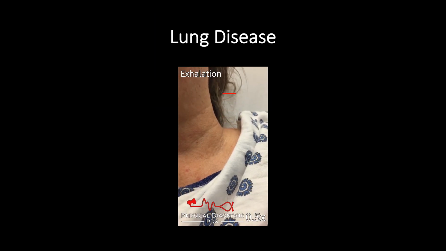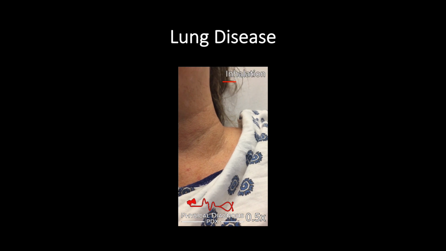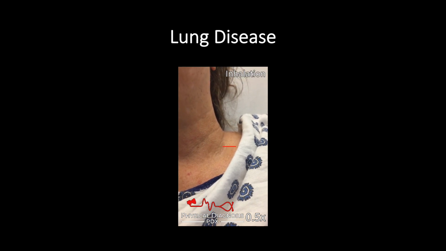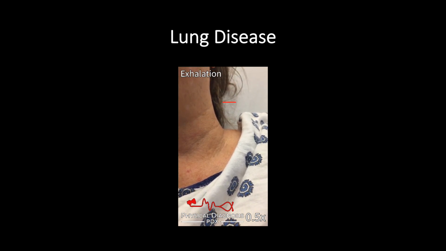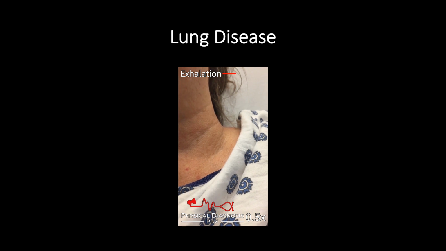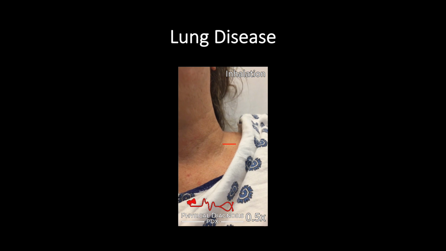Demonstrated in the video is an exaggerated normal response to respiration, where the jugular venous pressure rises during expiration and lowers during inspiration. Such exaggerated respiratory variation is indicative of underlying lung disease. This patient had severe COPD.